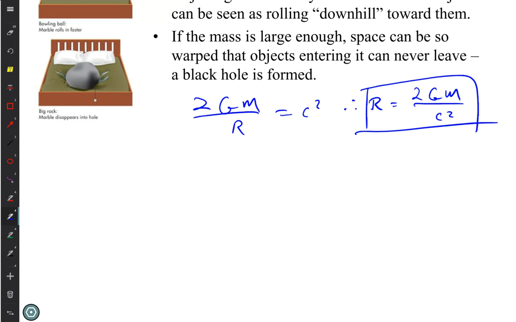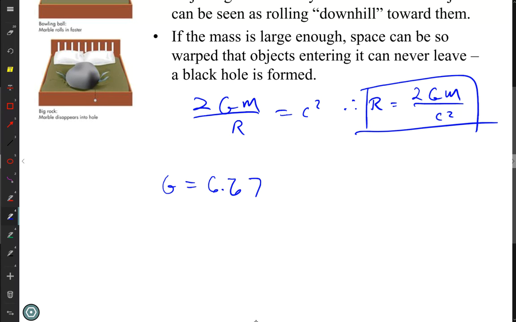So let's approximate. G is equal to 6.67 times 10 to the minus 11 Newton meter squared per kilogram squared, if I remember right. I didn't look it up. And let's approximate Russell's mass as just 100 kilograms.